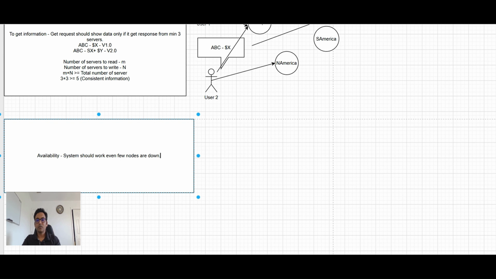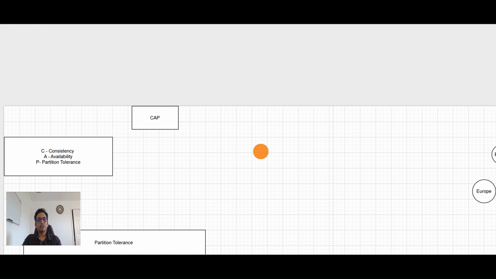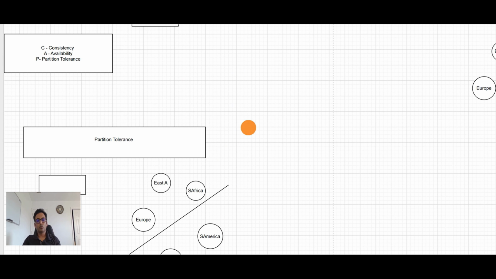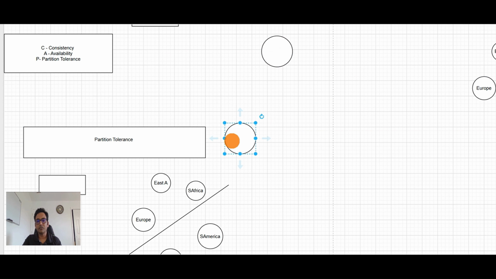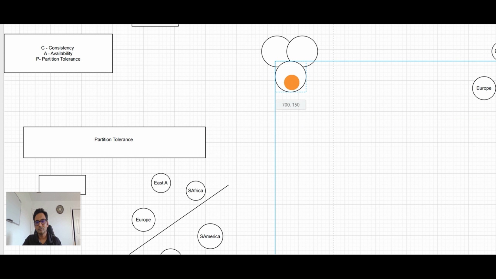Now we know all three of them. We know what consistency is, what availability is, and what partition tolerance is. So let me come back to the CAP theorem. I have to draw a diagram which clearly tells what the CAP theorem is. So this is the CAP theorem. This is C, this is A, this is P. And as I said at the start of this video, partition tolerance is not optional.